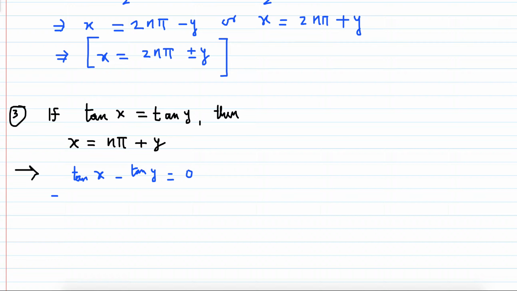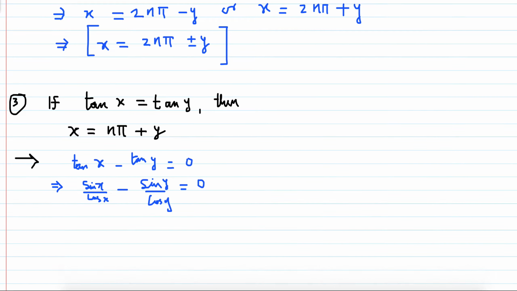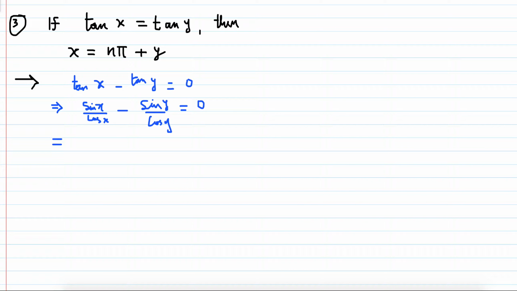And we will write tan in terms of sine divided by cos. So it will be sine x divided by cos x minus sine y divided by cos y is equal to 0. And we will take the LCM. So it will be cos x cos y.